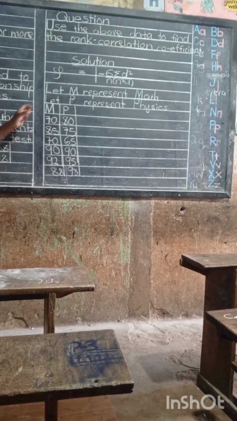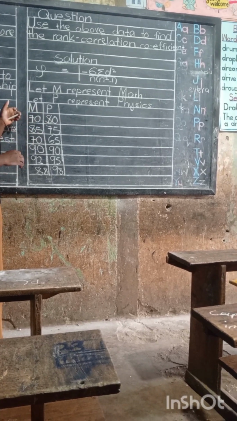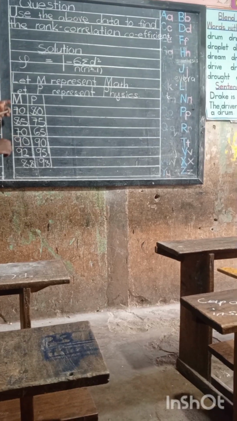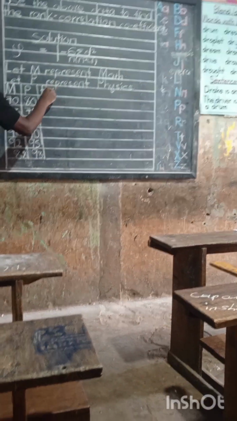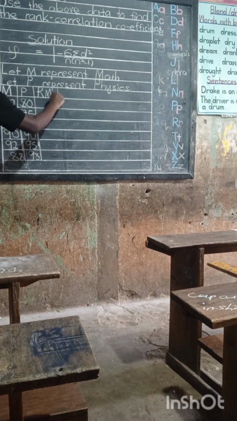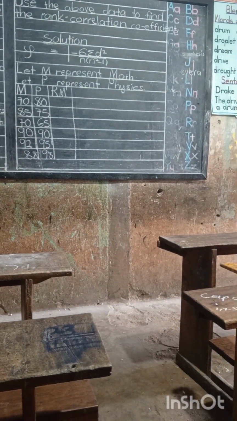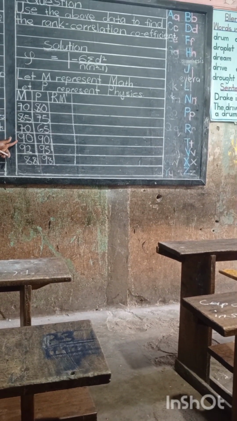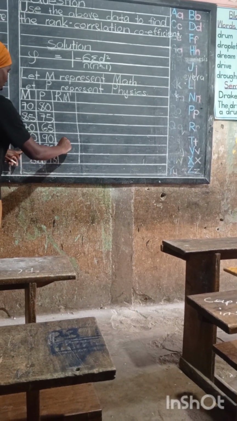So I'm going to rank these. The next step is to rank, starting from the highest to the lowest. Let me first rank M, the math scores. Rank of M. I'm going to rank starting from the biggest, and if I look into the table, the biggest score is 92, and that is our number 1.